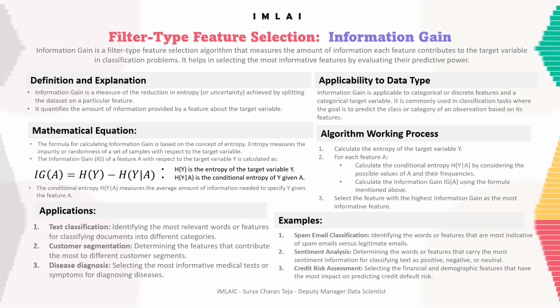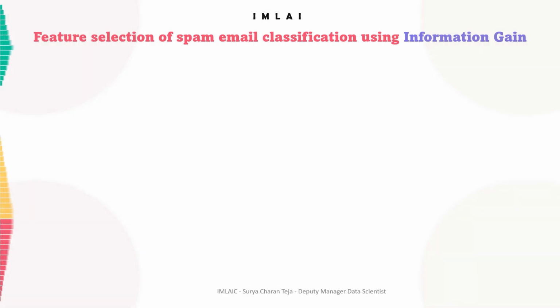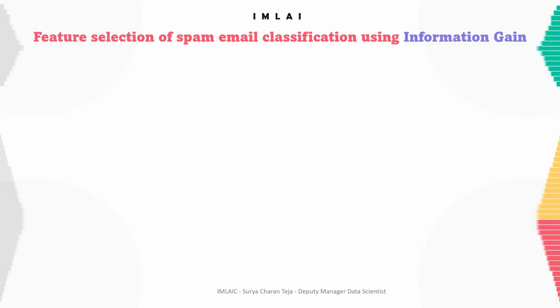Now let's take a spam email classification example to understand the information gain better. So let's discuss the step by step procedure for spam email classification using information gain.